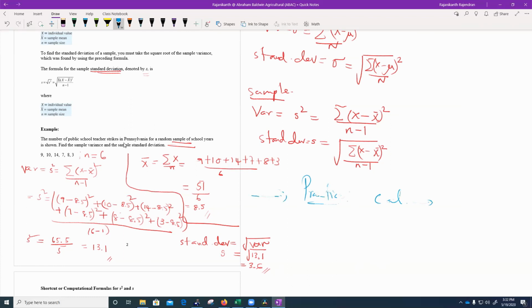You need to find the sample standard deviation Sx. Find this answer. After that, you need to find Sx squared. These two you need to find. So this is my standard deviation answer, the sample standard deviation. This is the sample variance. Find these two. That is your work. You should get very close to these two answers, this and this. Right?